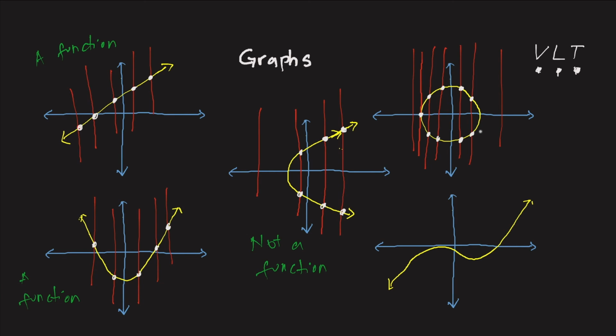Okay? So the vertical line passes through the graph at 2 points, and the vertical line test fails. So the vertical line test fails in this graph, and so we say that this graph is not a function.